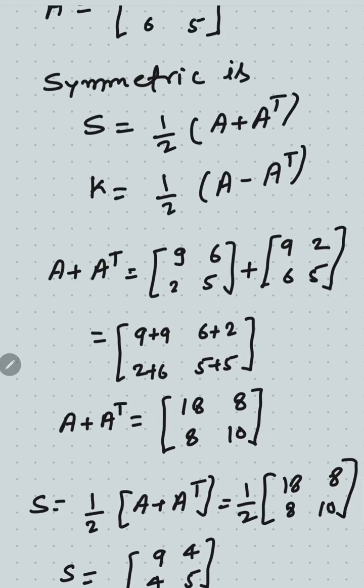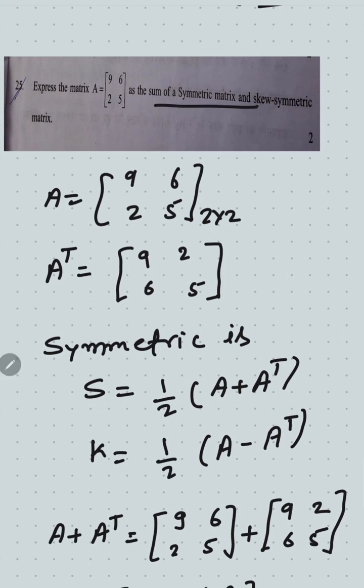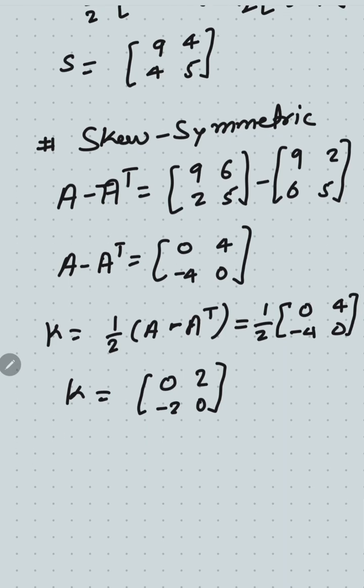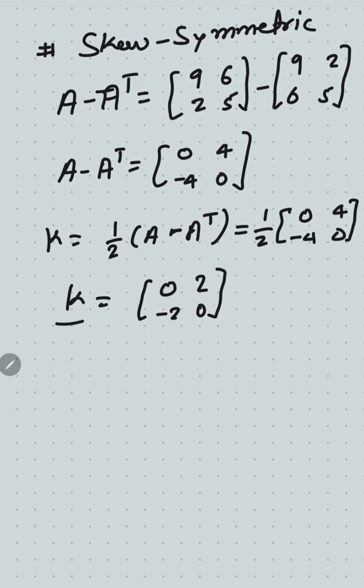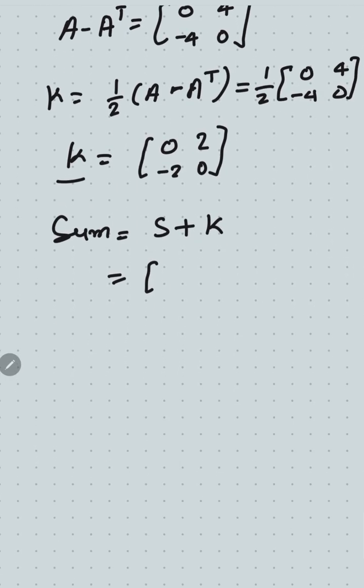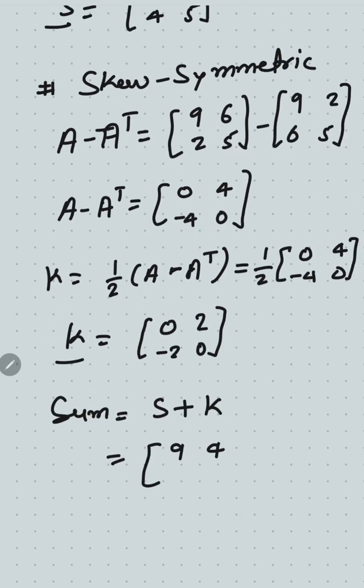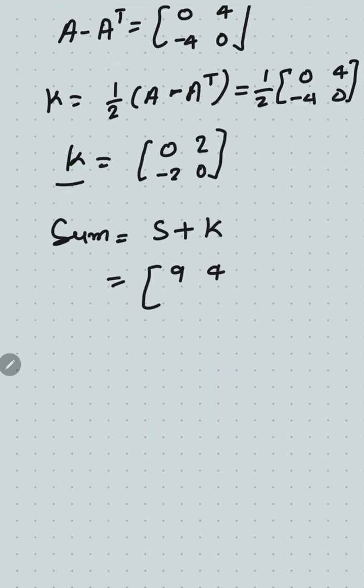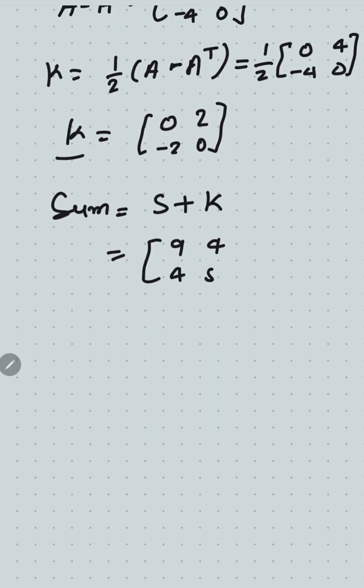The question is given that the sum of these matrices, S plus K. Then the S value will be 9, 4, 4, 5, and K will be 0, 2, minus 2 and 0.